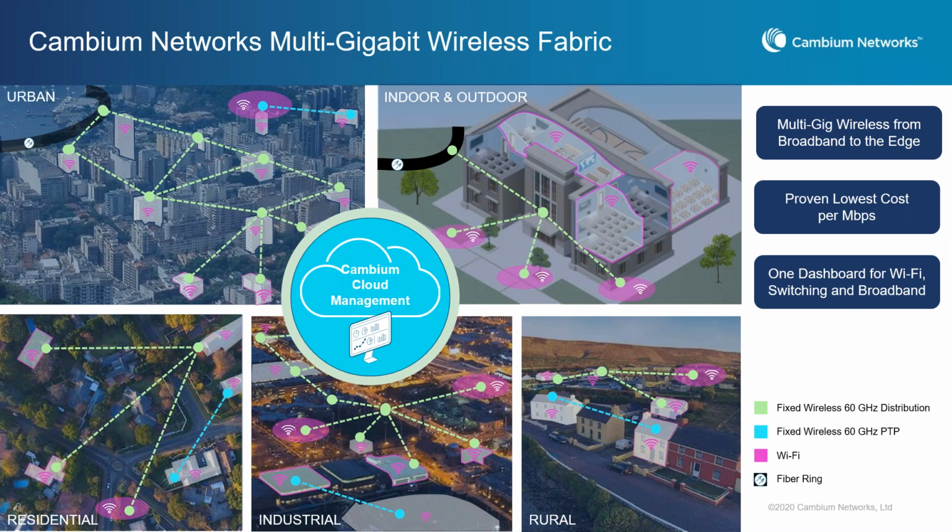On the other side, the 60 gigahertz can be used for video surveillance backhaul, outdoor Wi-Fi backhaul. So this is smart city deployment. With the mesh, we form a redundant gigabit backhaul layer to support the cameras or Wi-Fi traffic.